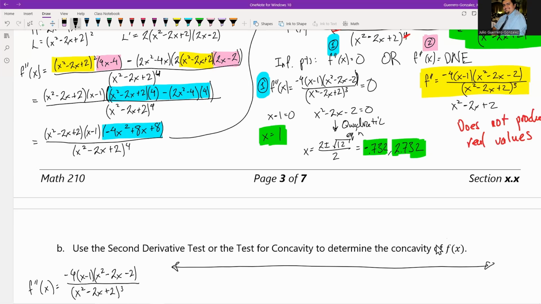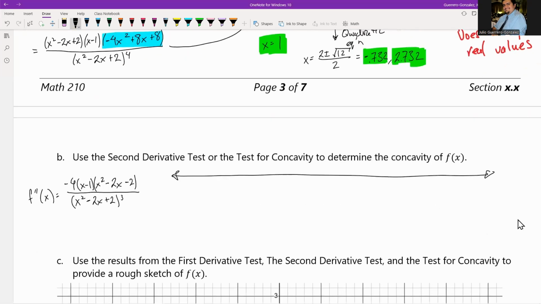Okay, here we go. So our inflection points give us sort of our intervals that we need to be caring about, right? So I'm going to do 1 right here, 2.732 there, and then I'm going to do negative 0.732 over here.